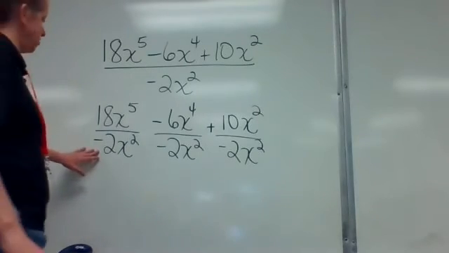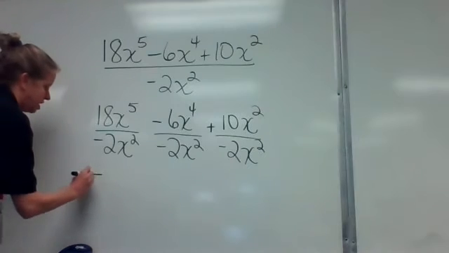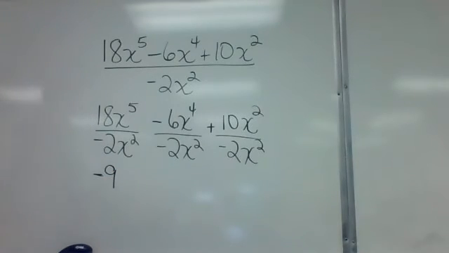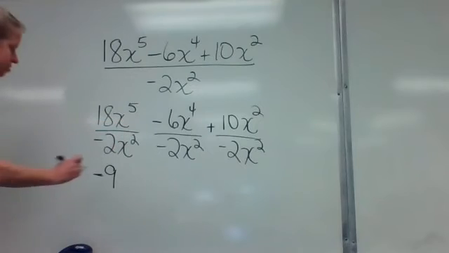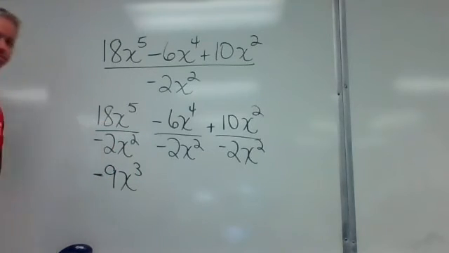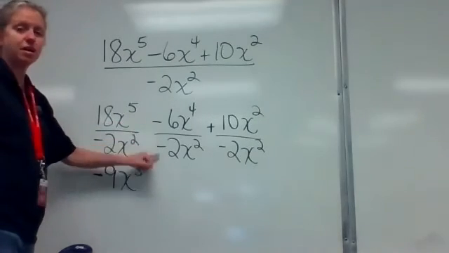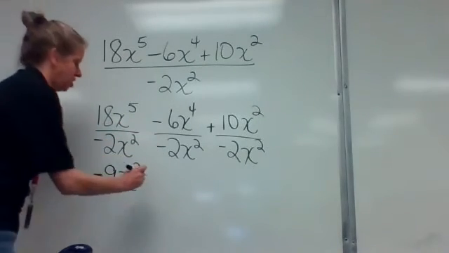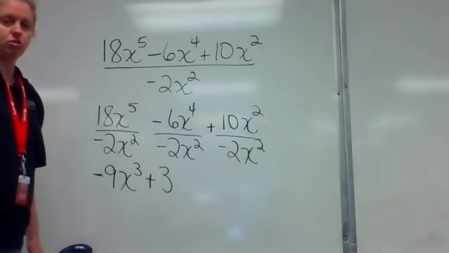So let's do this division. 18 divided by negative 2 gives me negative 9. Subtract these exponents. That gives me x to the 3rd. This one, I've got negative divided by a negative, which actually turns me into a positive. 6 over 2 is 3.